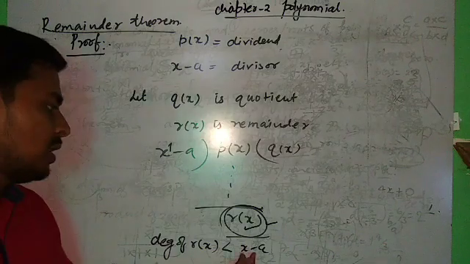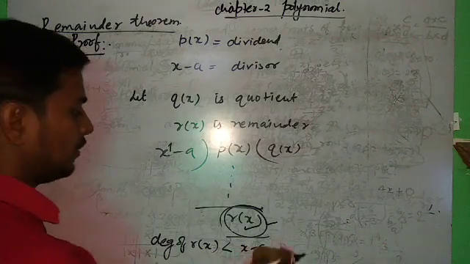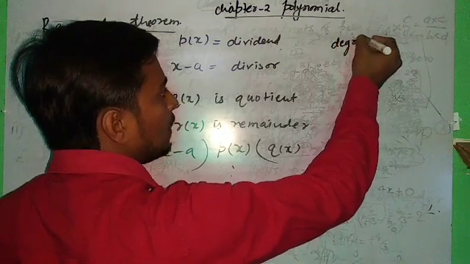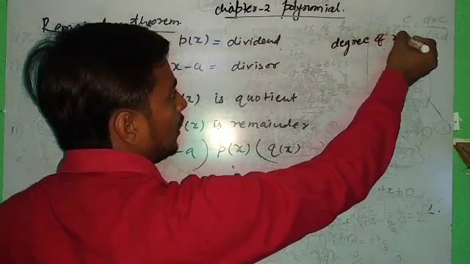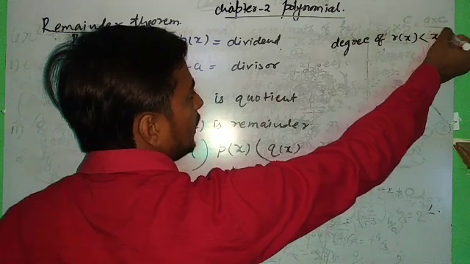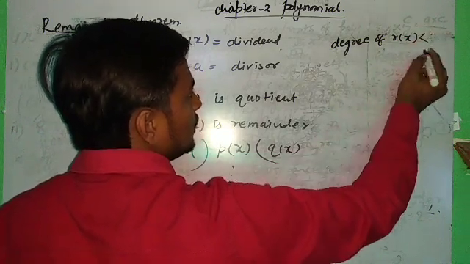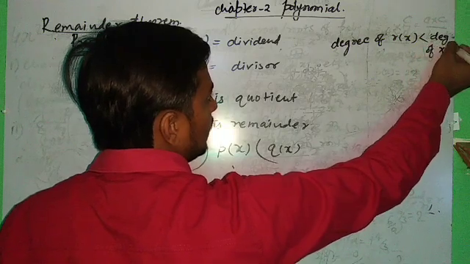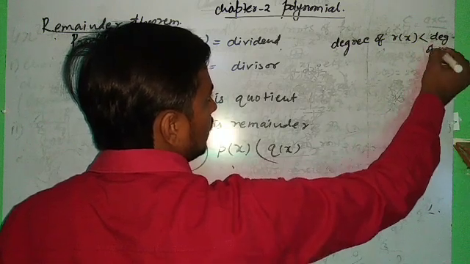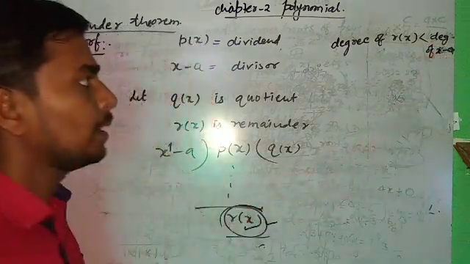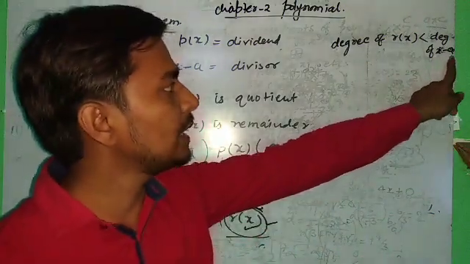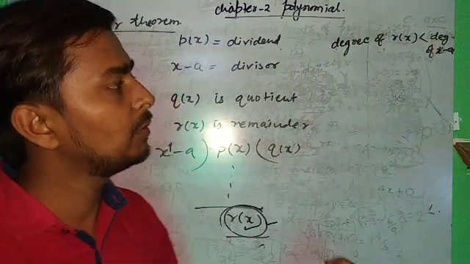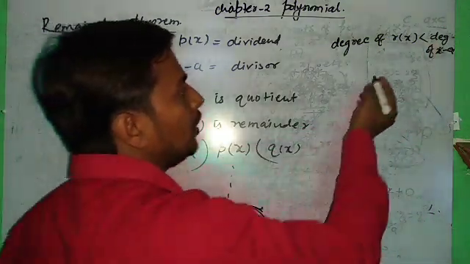Now think very easily, we can write: degree of r(x) is less than degree of x minus a. What is the degree of x minus a? 1. So less than 1, what will be the degree of the polynomial?